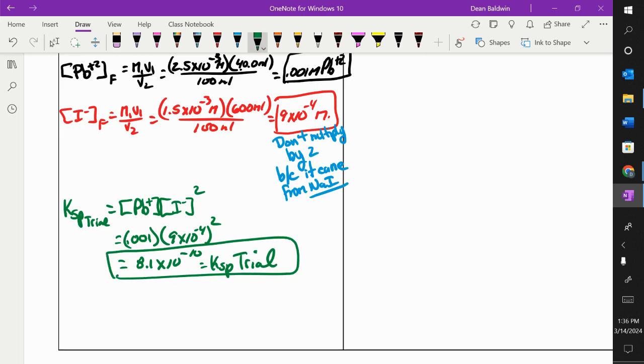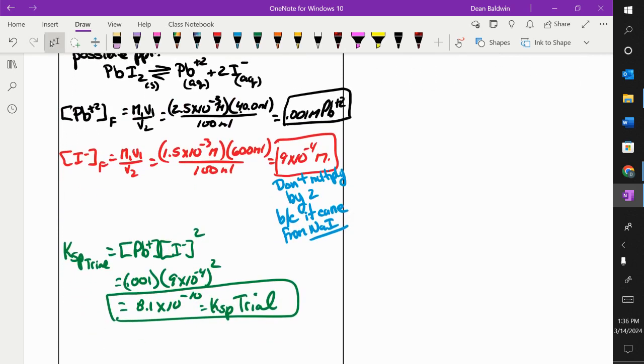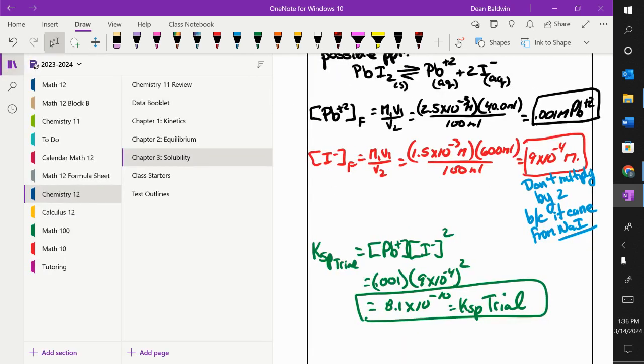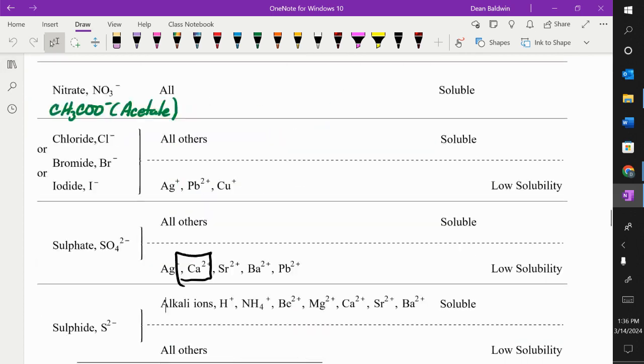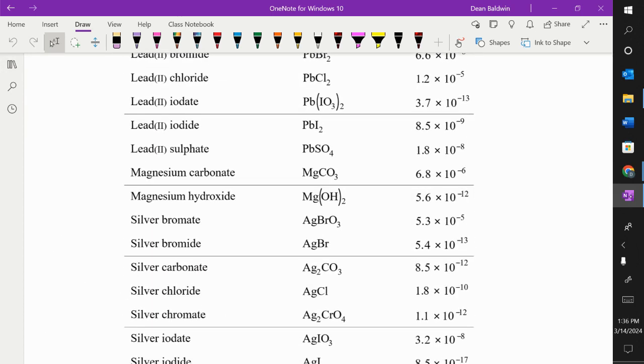What's the actual KSP of lead iodide? You're going to have to look that up on your table. So we go to our table. Lead iodide. There it is. 8.5 times 10 to the minus 9.